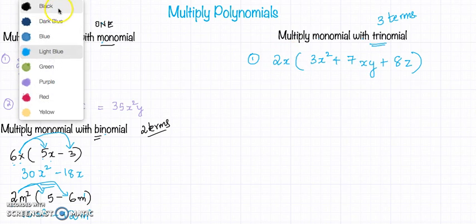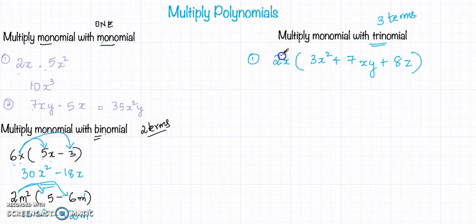So the rule is to distribute. Okay, I take 2x and I distribute it to each term in here. 2 times 3 is 6. X is, the power here is 1, so 1 plus 2, I get a total of x cubed. Now take that and distribute it to the second one. 2 times positive 7 is 14. x to the first and x to the first will become x squared, and then you have a y to the first, you just put the y, you don't always put the 1.